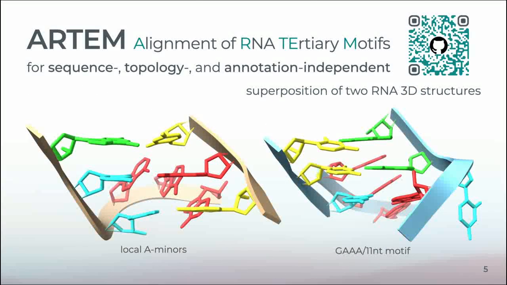Now we see a pair of visually similar motifs. They have 3 base pairs here, 3 base pairs here, 3 adenines behind here, and 3 adenines behind here. But if we look at the details, it appears that this pair of motifs are not similar, because they differ in size: this strand is formed by 3 residues, this strand by 4 residues.